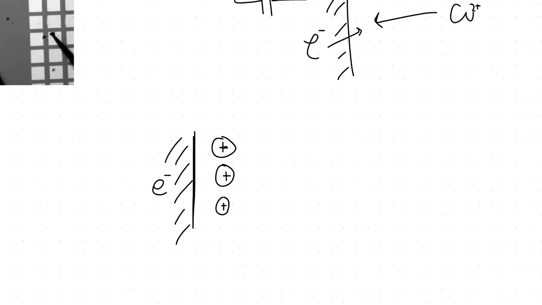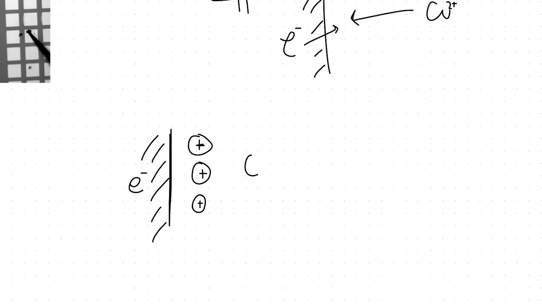This will cause positive ions, in this case the copper ions, to come very close to it. In fact, we'll see a gradient of positive ions all the way from very close to the electrode until we get to the bulk solution, where it goes back to being a pretty even mix of the minus and the plus ions.